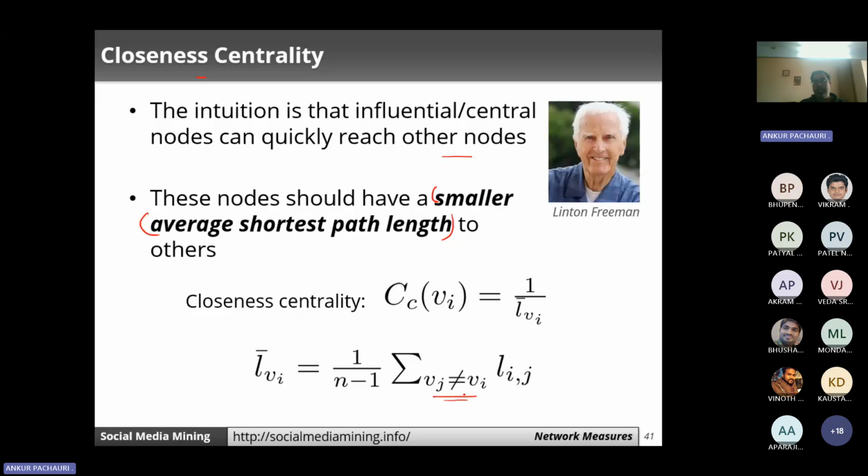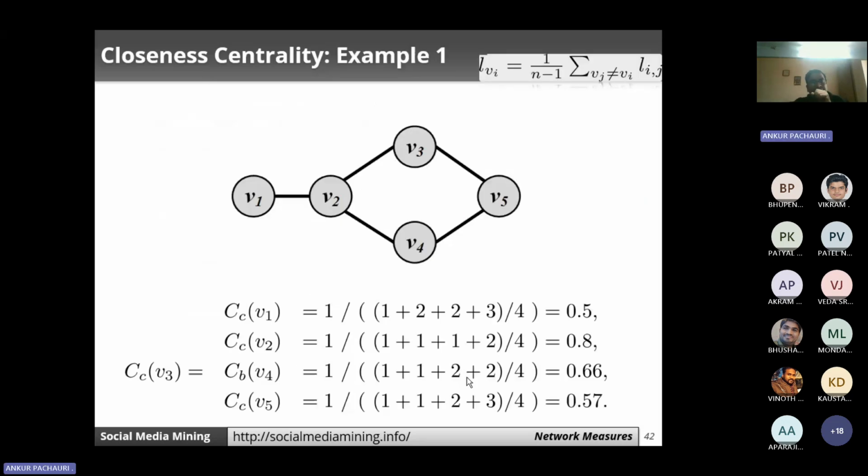So loops should not exist. It is 1 by n minus 1 times the summation of the lengths of the paths from one node to the other nodes of the graph, for all i's and j's, provided that both are not the same, so there is no self loop. How can this be calculated?